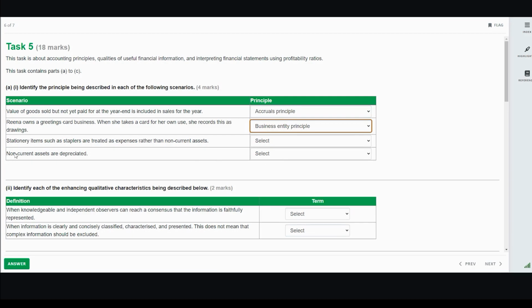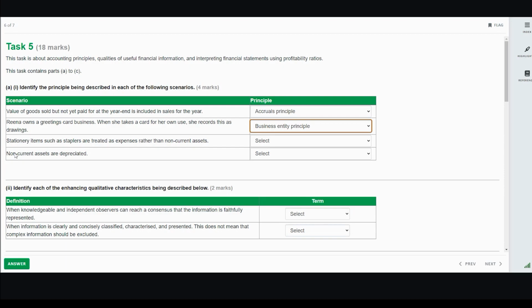The next one, it's saying stationery items such as staplers are treated as expenses rather than non-current assets. Okay, so remember, non-current assets are capitalised, usually because of the value of the item and because of the length of time that it's used for. So if it's a motor vehicle, it may be used over 3 years, and because of the value, it would be capitalised.